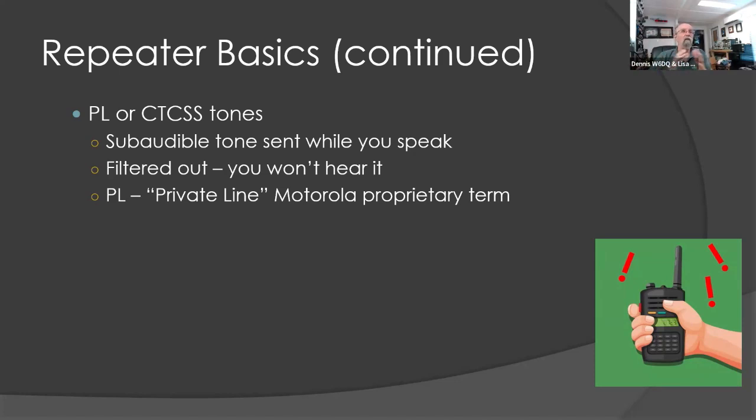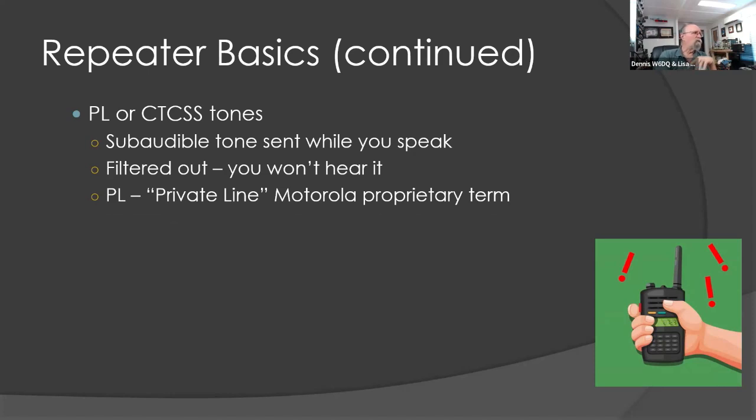Even on simplex, you can set a tone on your receive side so that you just receive one particular tone. If that tone isn't there, you're not going to break squelch on your radio. So if you're doing simplex with a lot of people in different groups sharing a frequency, PL tones are a good way to deal with it.